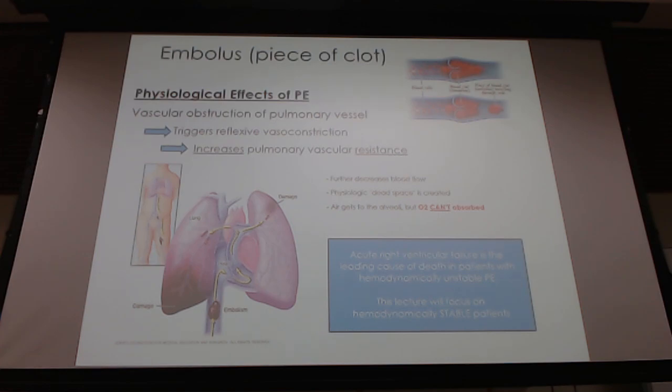So not only does it obstruct, but then you've got some vasoconstriction around that, which makes it even worse, and then it increases that resistance. And that resistance then is translated back to that right side of that heart. Which in some cases, if that emboli is big enough, like I said, our saddle emboli, then that resistance back on the heart can actually put someone into right heart failure acutely if the emboli is big enough.